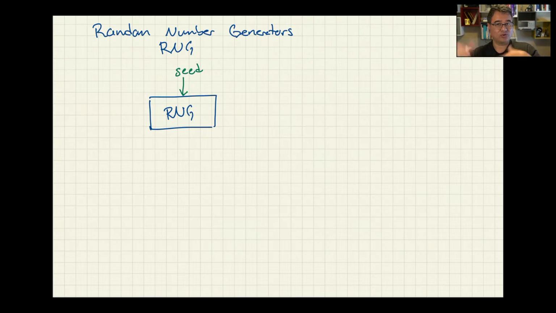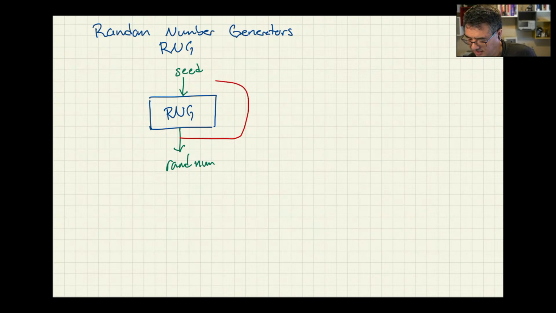Then it does its work on the seed, and out pops a random number. And then whatever number that is is then used as the seed for the next iteration. So you seed or start the random number generator with an initial value, and from there it starts computing random numbers, and whatever random number it computes is then used as the seed for the next iteration. So you only have to seed it once.